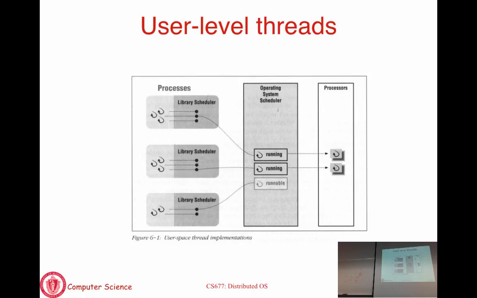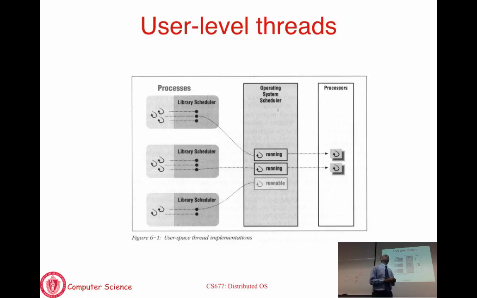So the library scheduler basically knows what is happening. Here there are two threads. This could be the initial thread you started off with, and the second thread that was created. This one has three. So whenever you do thread create, it will spawn additional threads. You always start with one thread. Every process has to start with one.